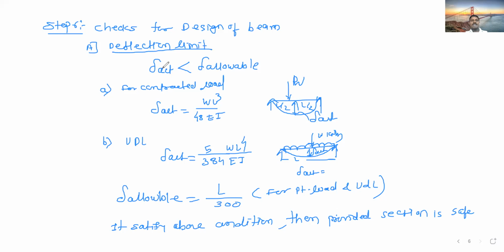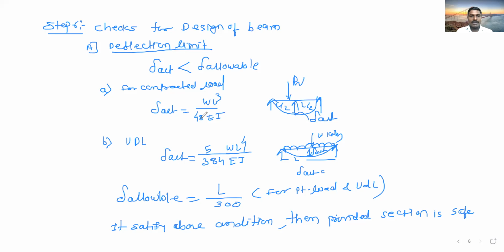Deflection limit means what? Delta actual is less than delta allowable. So how to calculate delta actual? There are 2-3 cases we have seen. Simply supported beam carries central point load, simply supported beam carries UDL. For central point load, we calculate delta actual like this. Then delta actual for UDL we have to calculate.